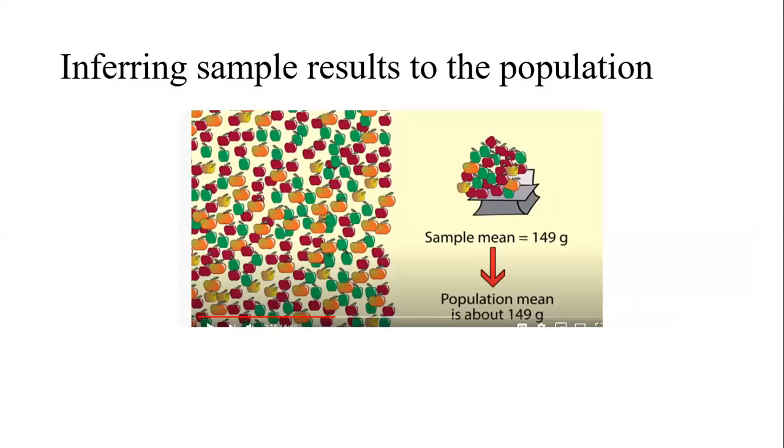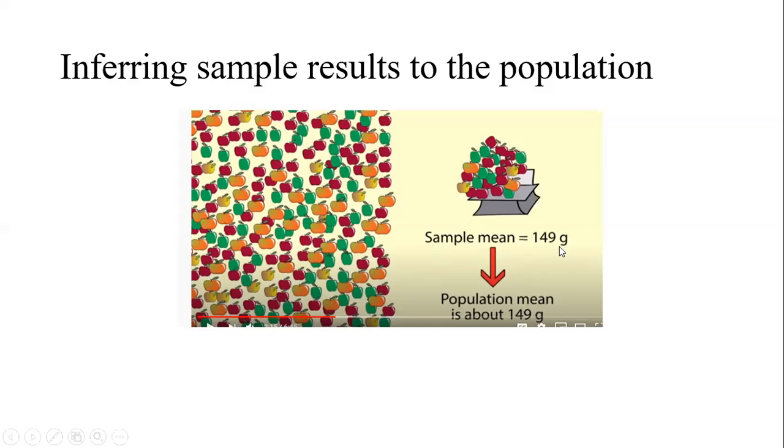At the beginning of the lecture I also explained that we always try to infer sample results to the population. That means the results we obtain from our sample, we try to compare with our population. For example, here the mean weight of one apple of this sample is 149 grams.